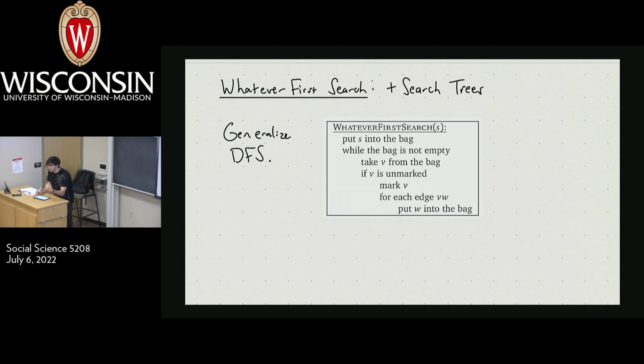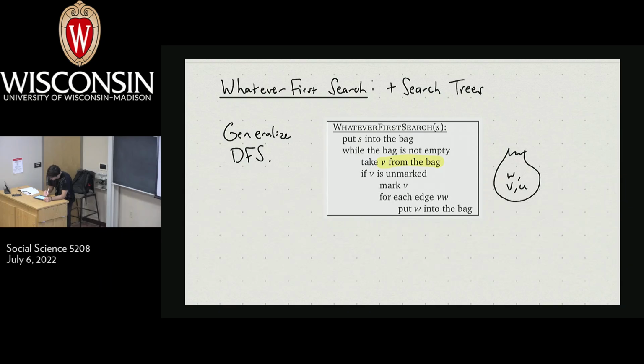We just need any data structure that allows you to store things. So a general way to search a graph is you have a big bag of nodes. And at each point in time, you're going to take a node from the bag, and then you're going to do this process. You check if it's unmarked. If so, you mark it. And then you loop through all of its edges.